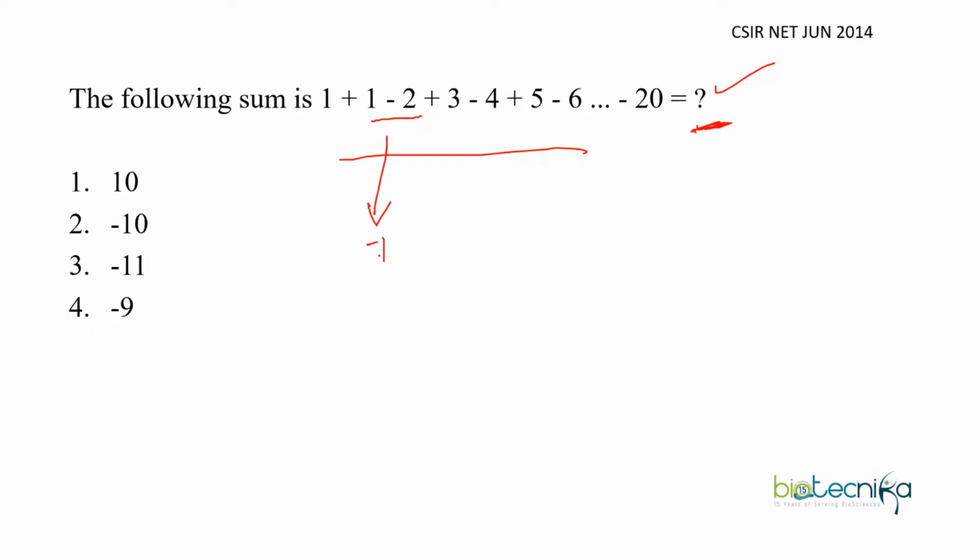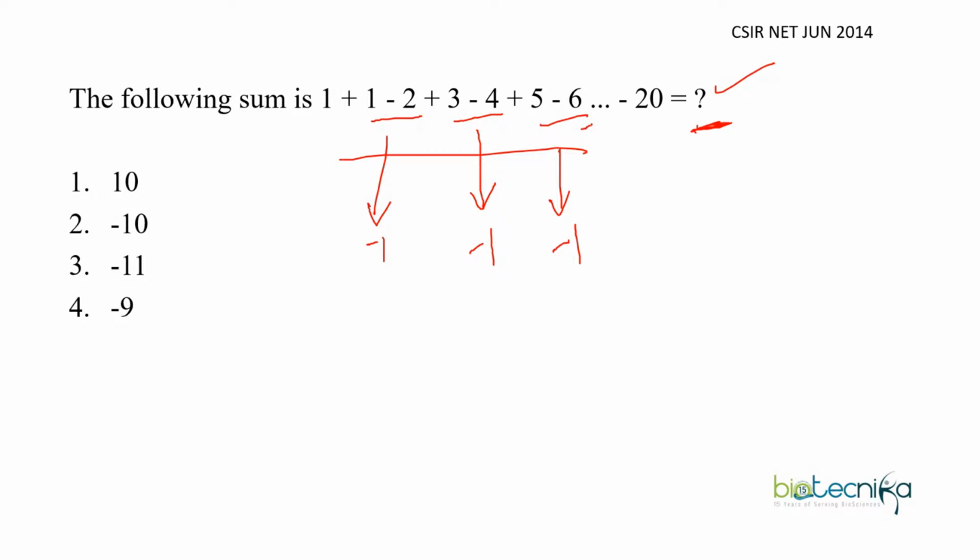Similarly 3 minus 4, what difference is coming? Minus 1. Similarly 5 minus 6, what difference is coming? Minus 1, right?